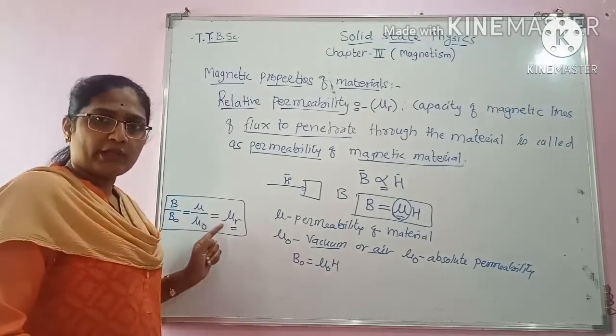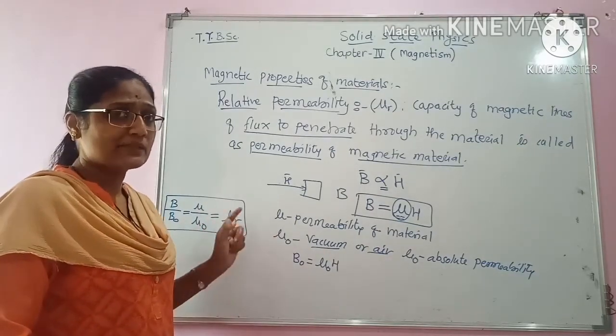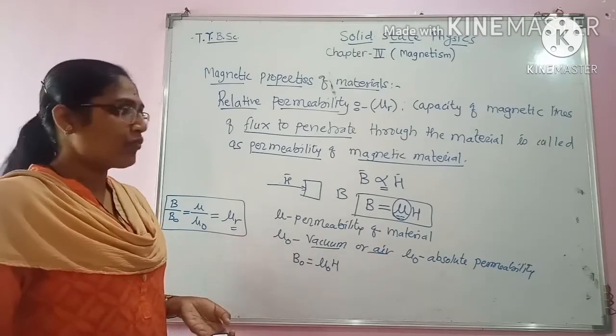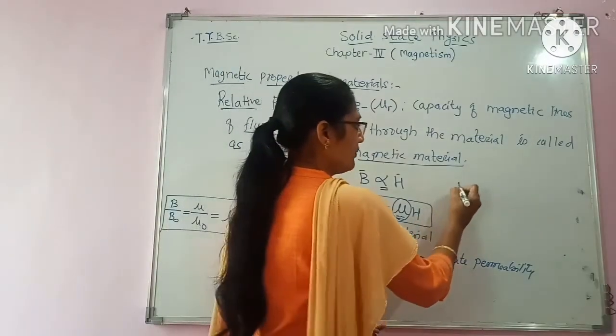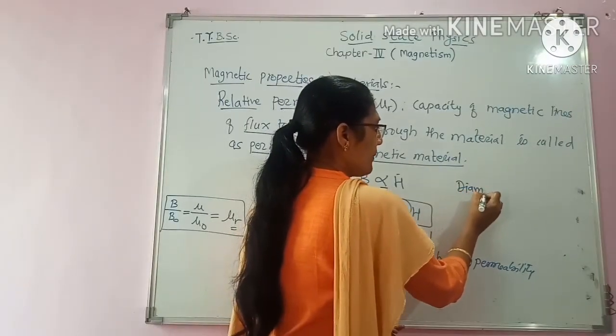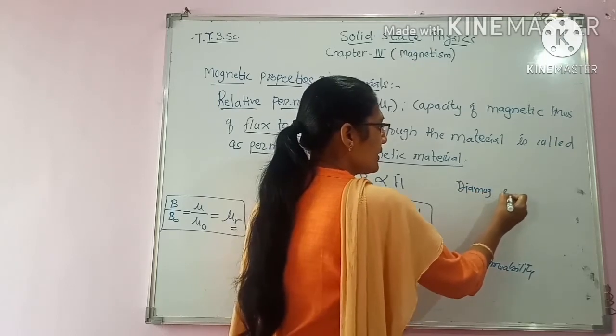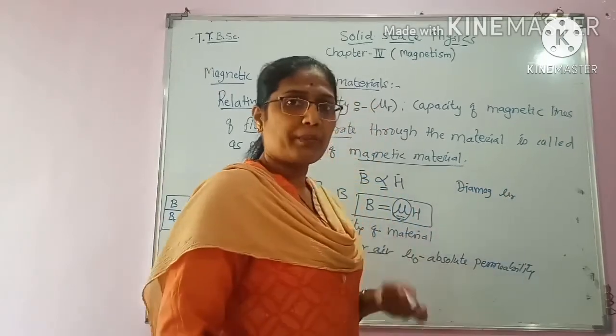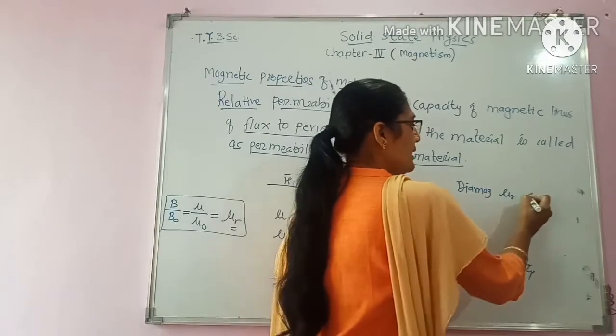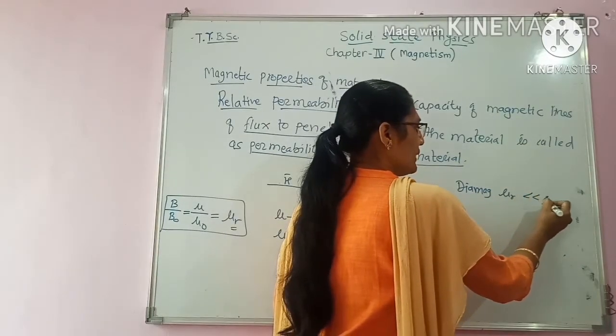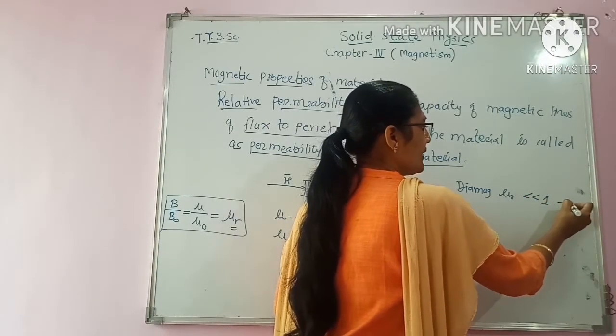Relative permeability value also differs as per the material. For diamagnetic materials, the relative permeability is less than 1.